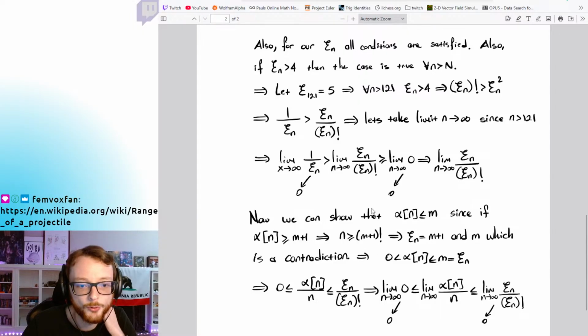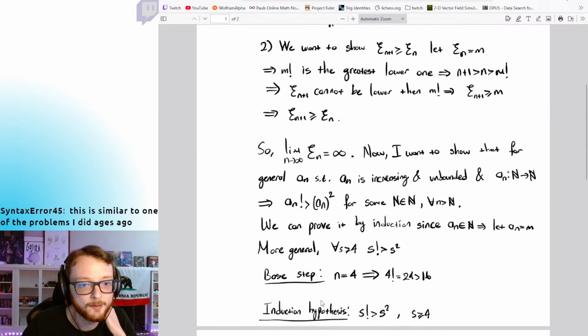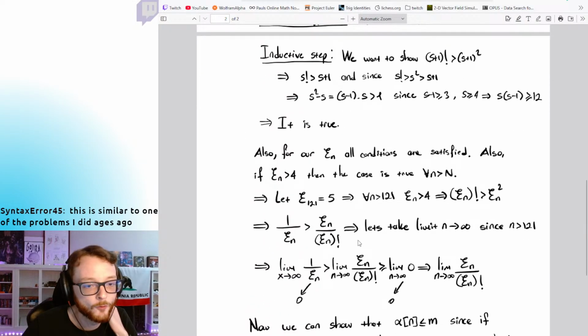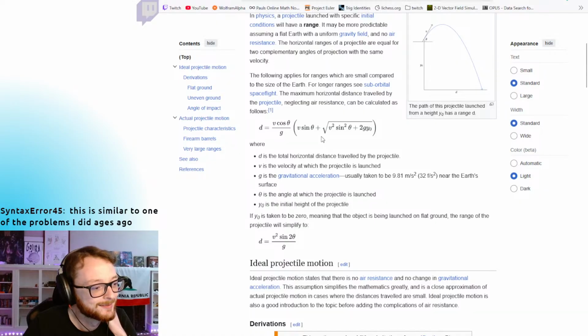And you can prove that the limit as n goes to infinity of alpha n over n is 0 by finding a clever function to squeeze it with. And Mert is asking for another clever function to squeeze tau with, basically. And that's where I don't really know.